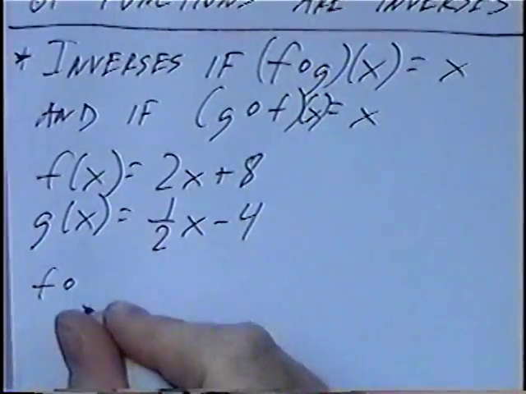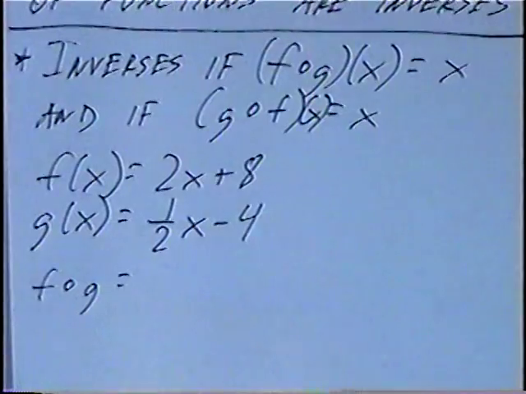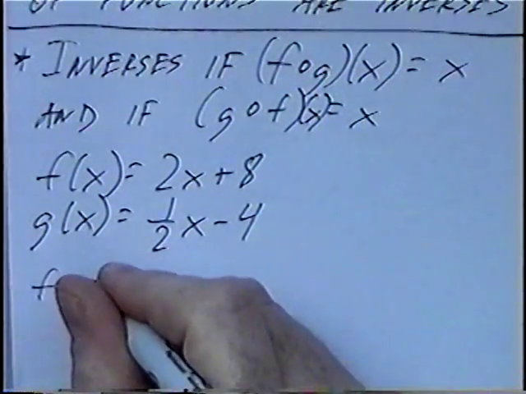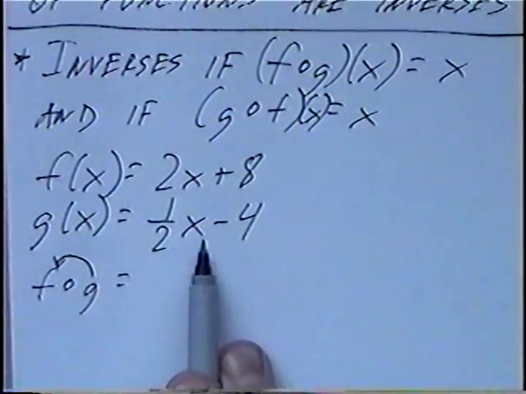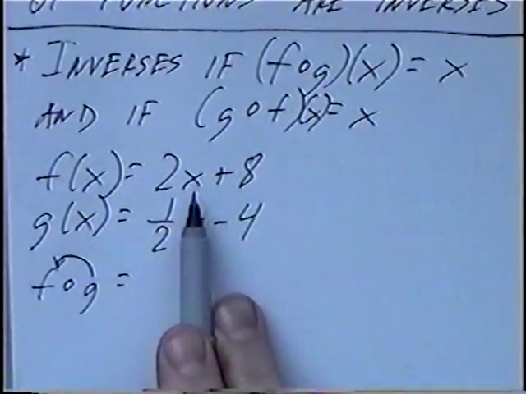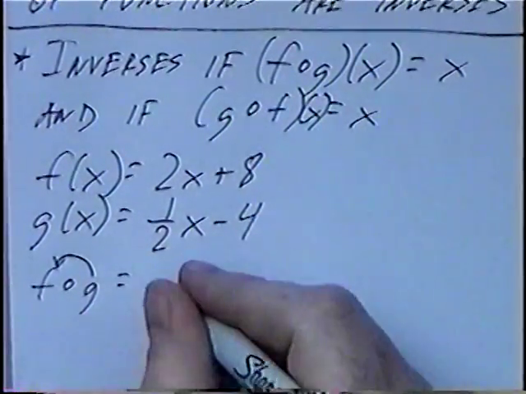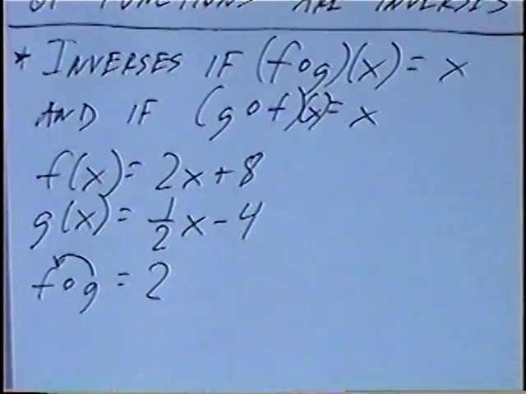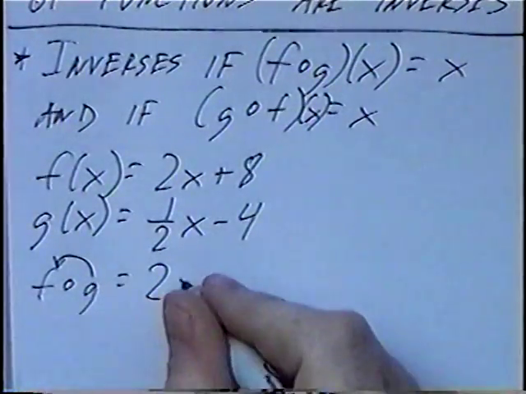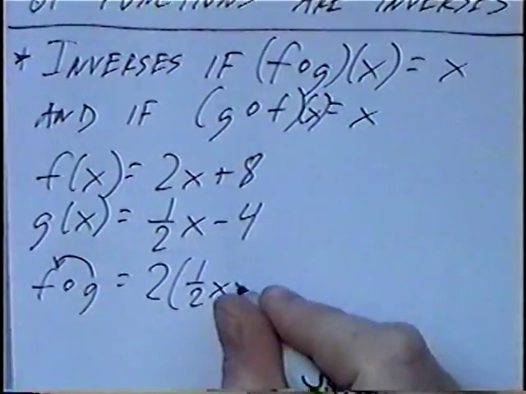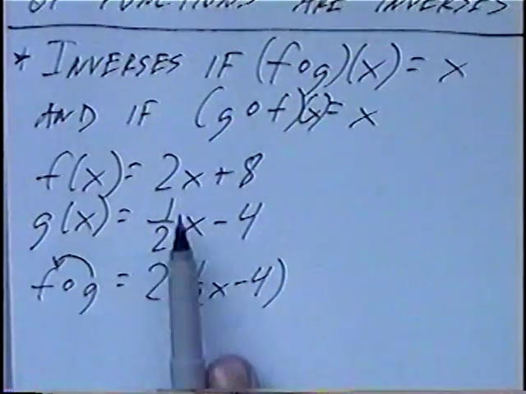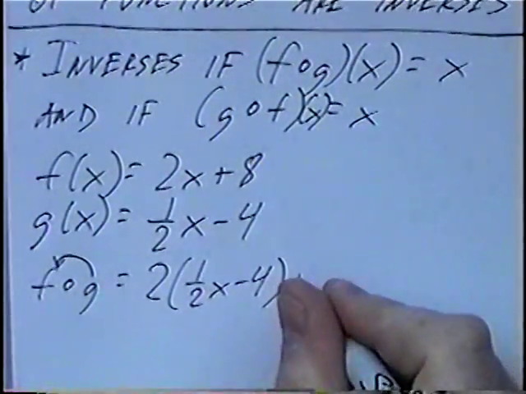If we take the first composition, f composition g, and again from previous sections, we'll start at the right hand side, we'll take g, and we'll plug that into f. So the g function, 1/2 x minus 4, we'll plug that into the x value for f. So f of x would be 2, but instead of x, we'll plug in the g value, which is 1/2 x minus 4, and the rest of the f function has a plus 8.